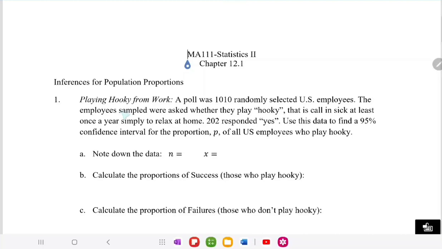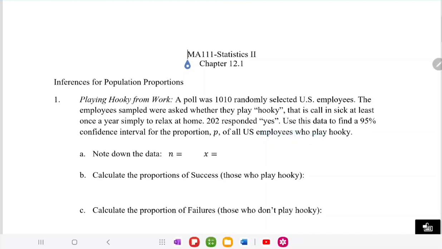The problem is about playing hooky from work. A poll was conducted on 1010 randomly selected US employees. The employees sampled were asked whether they play hooky, that is, call in sick at least once a year simply to relax at home. 202 responded yes.